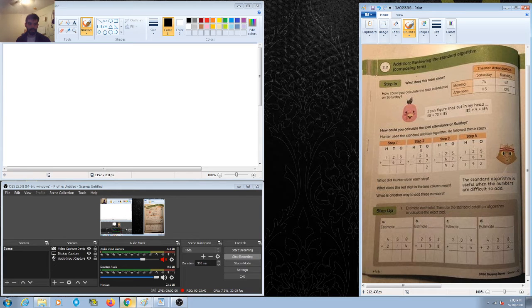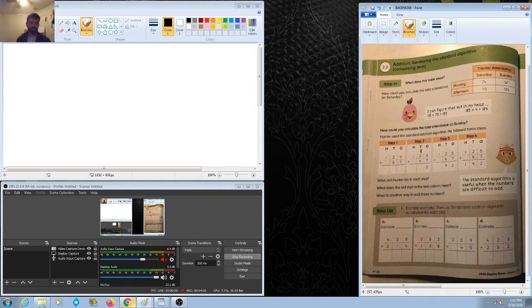So when we carry, 5 plus 7 is 12. But again, we can only put one number in each place value. So we have to put the ones value of 12, being 2, in that ones value. What this 1 represents is a group of 10 ones. So it represents a group of 10 from the previous place value that was added.